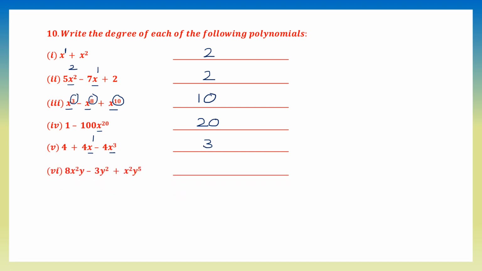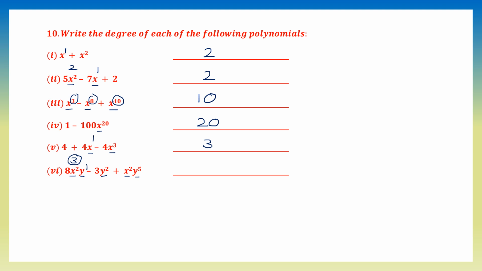Then here we have a polynomial made of different variables. We have x and y. We have y here, again x and y. When you have such polynomials that are made up of various variables, you have to add up the powers. So here for the first term, 8x square y, x has 2 and y has 1. 2 plus 1, there are 3 here. So the power is 3.